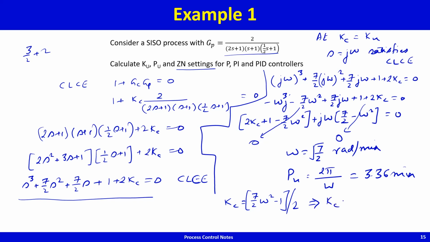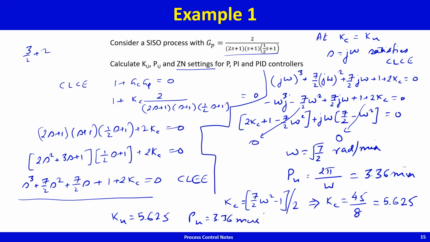So Kc is equal to 45 by 8, which is 5.625. So the ultimate gain is 5.625, and the ultimate period is 3.36 minutes.